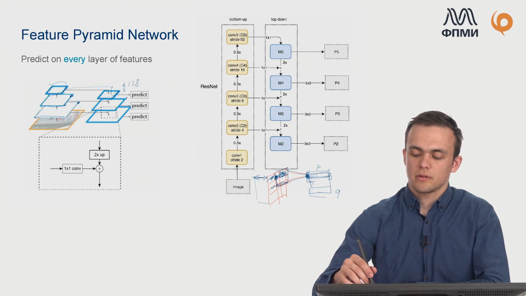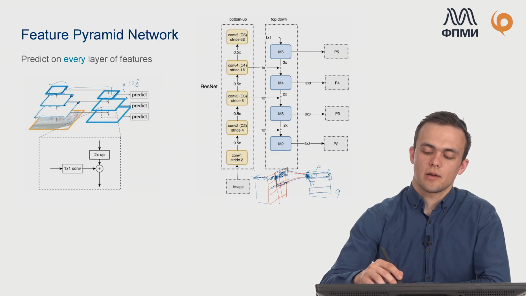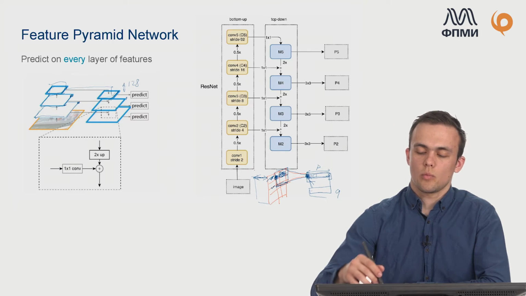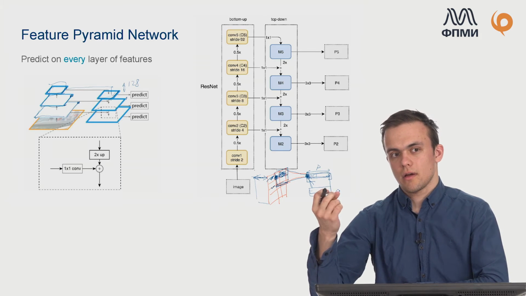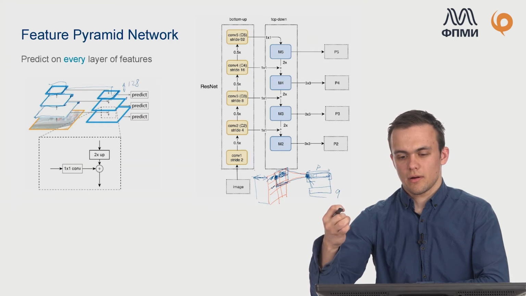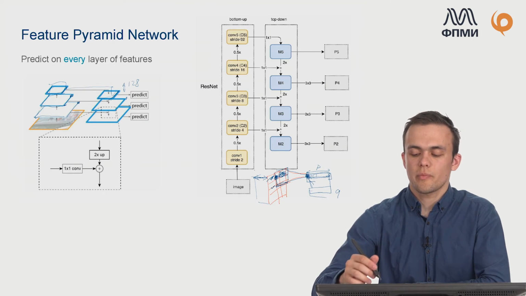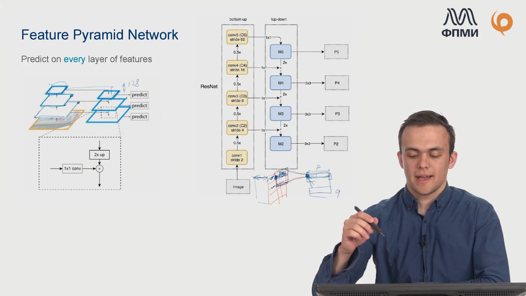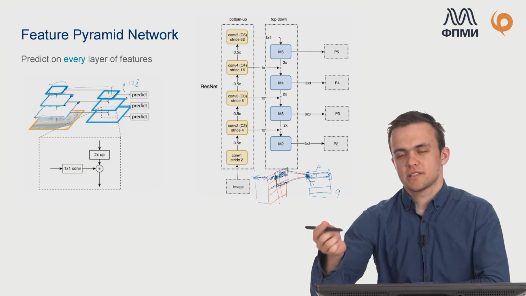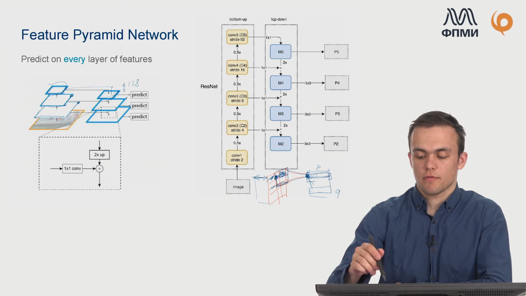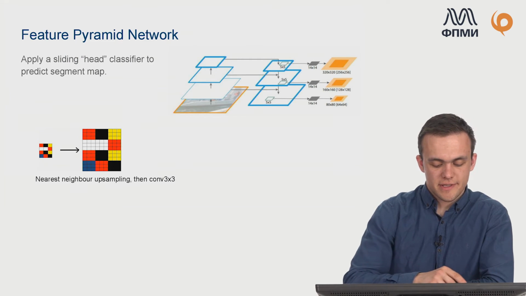Then we upsample this filter and add it to another one, just element-wise adding, and then we use another one-by-one, and another 3x3 convolution. It's just the particular implementation from the authors, because here the upsampling is nearest neighbor upsampling.